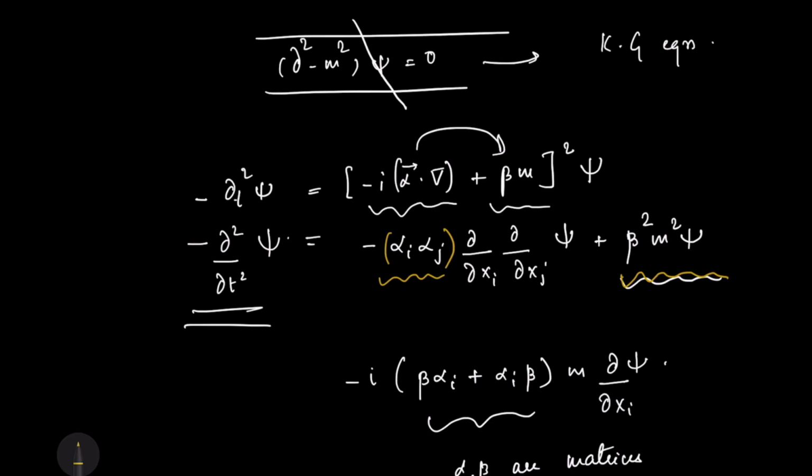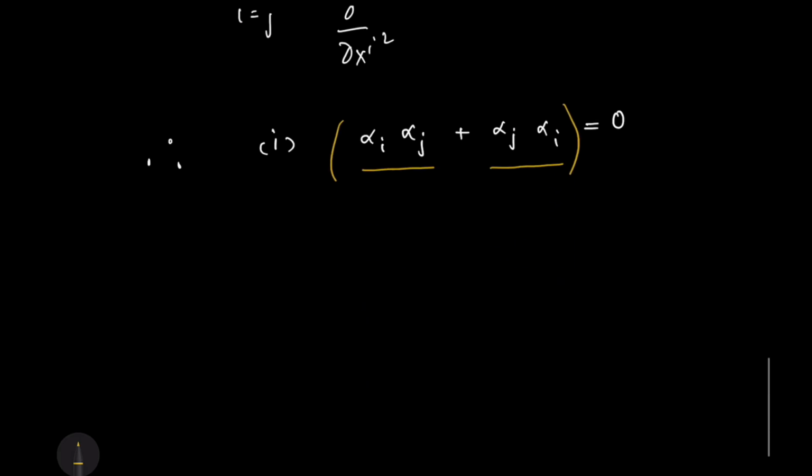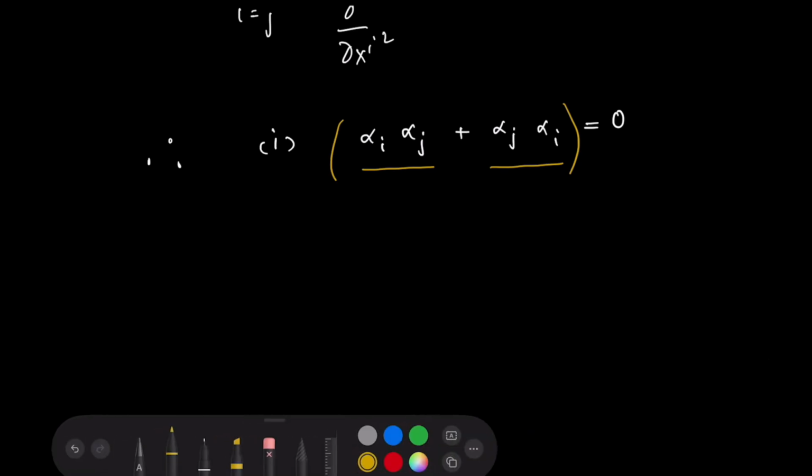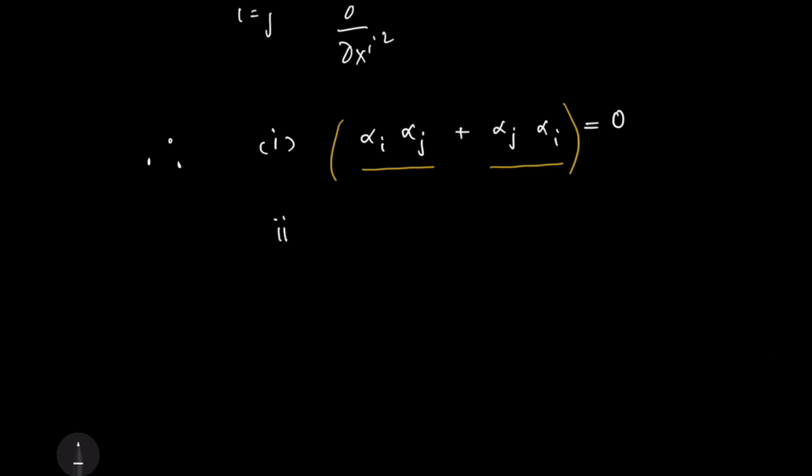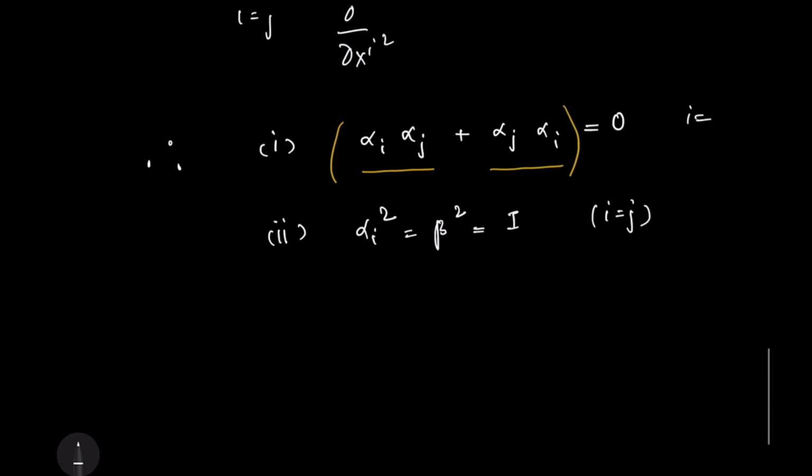So alpha i square is also 1 and beta square is also identity. Okay, therefore the second point is that alpha i square is equal to beta square is equal to identity. Okay, this is from i equal to j, and this is from i not equal to j, right?